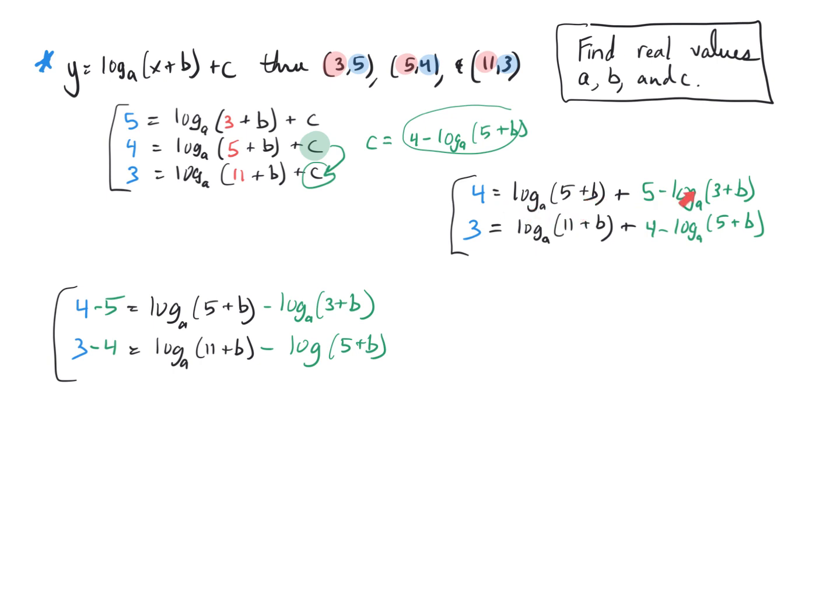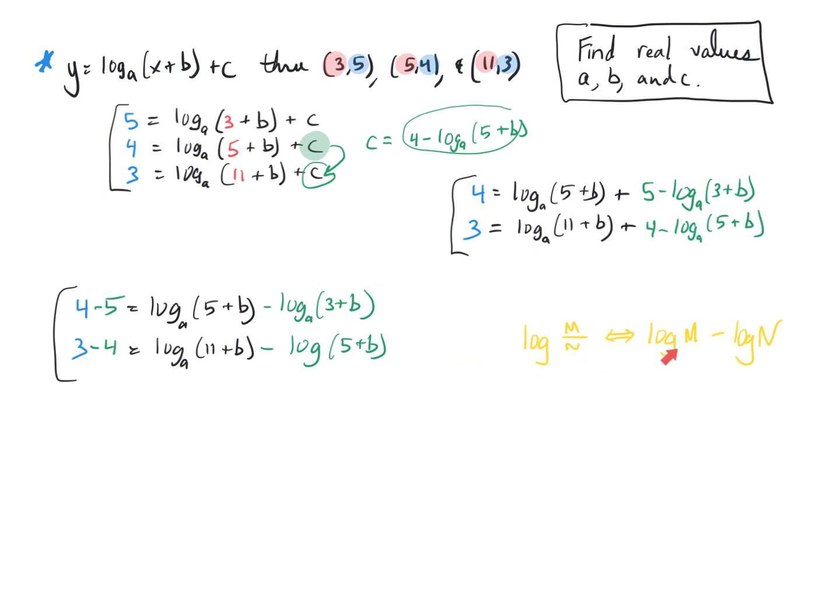Next, I isolated the log expressions and collected my constants on the left for both equations. Now, why is this helpful? Because we have this property of logarithms that you learned in advanced algebra 2 years ago, which says that the logarithm of a quotient is equal to the difference of those logarithms, or in other words, going in the other direction, the difference of 2 logarithms is equal to a single logarithm of the quotient of those values.